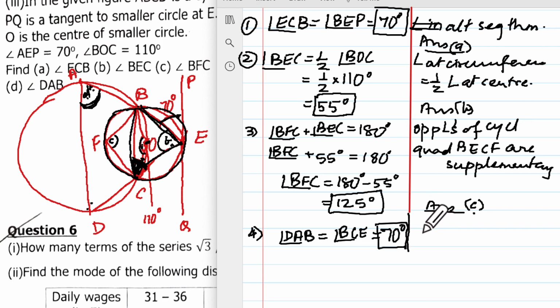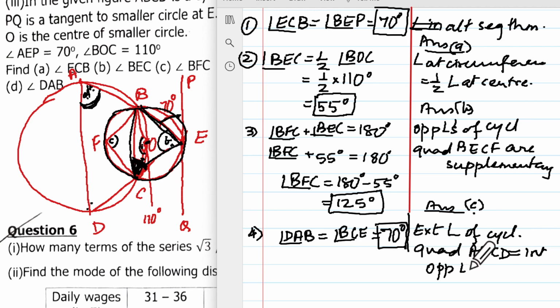And what you will say that exterior angle of cyclic chord, which cyclic chord? ABCD is equal to the interior opposite angle, and that is your answer D.